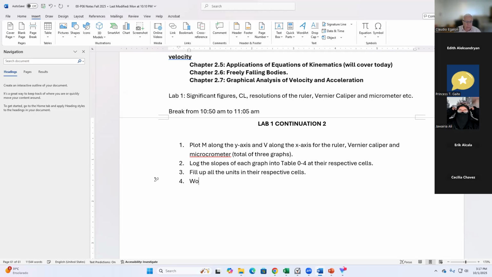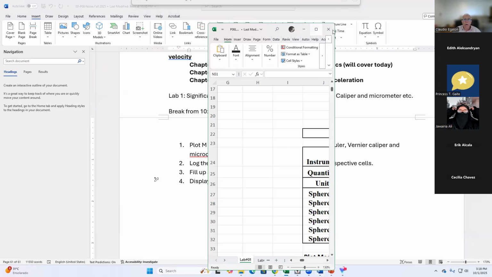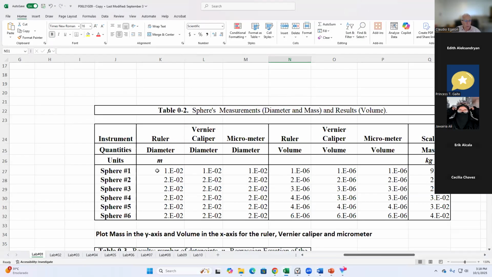Display the proper significant figures in tables. What tables? Just in this table, just in the main table.